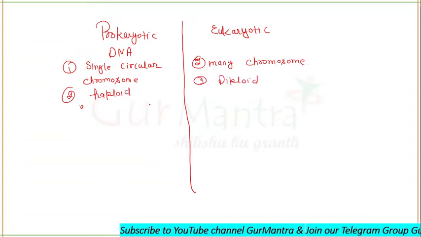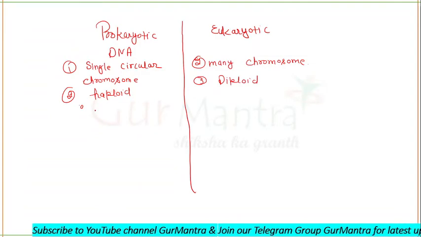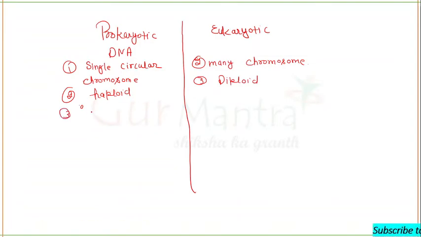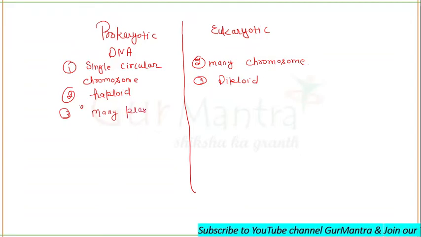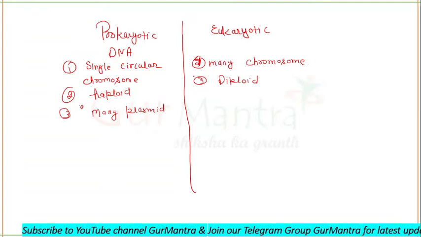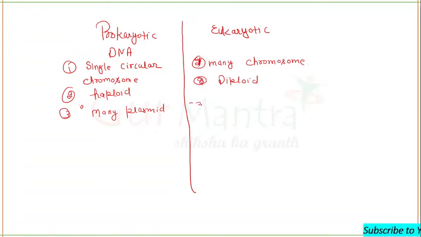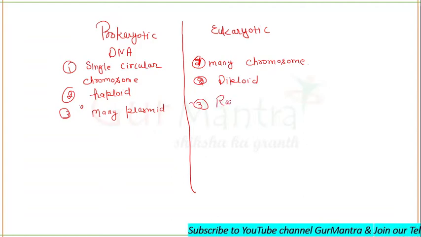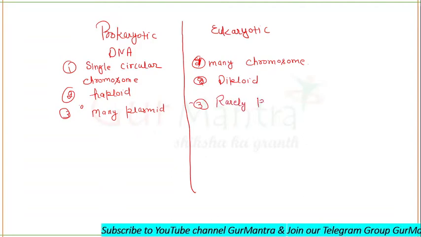And prokaryotic cells may contain many plasmids, while plasmids are rarely present in eukaryotes. You cannot say that there are so many plasmids in eukaryotes. Rarely, yes, plasmids are there.